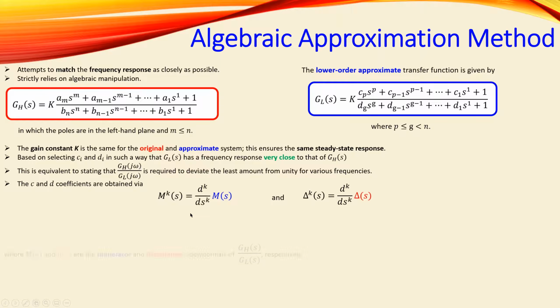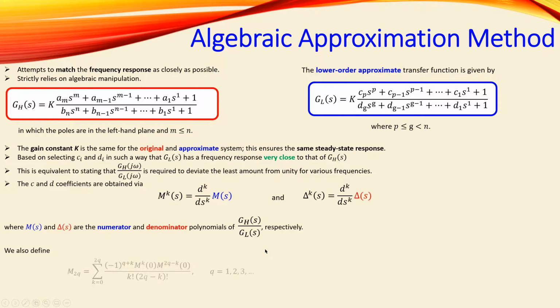In addition, we have more work to do, because these are determined where we have the m and also the delta. The m is the numerator and delta is the denominator of this polynomial. So you can see respectively that you have the following.